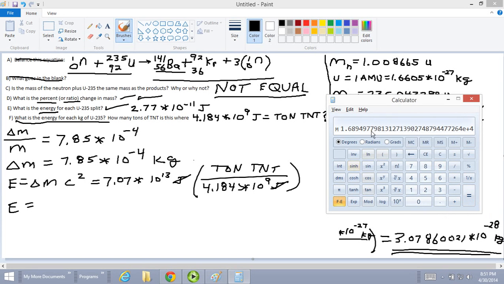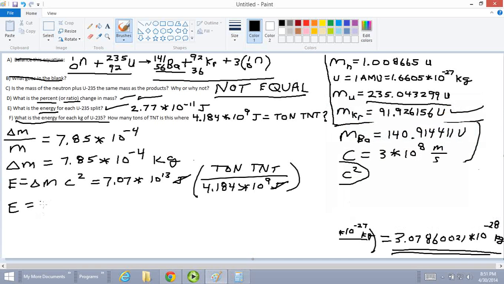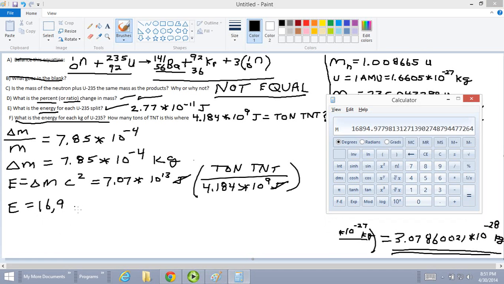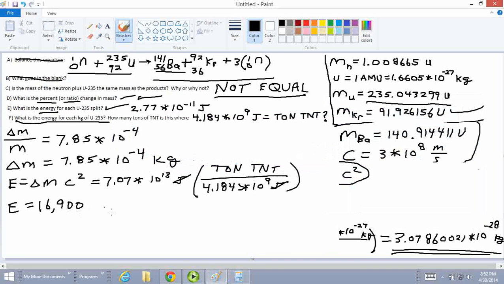So we've got 16,900 tons of TNT. Am I rounding correctly? Yeah, 16,900. I've rounded correctly to 3 sig figs.